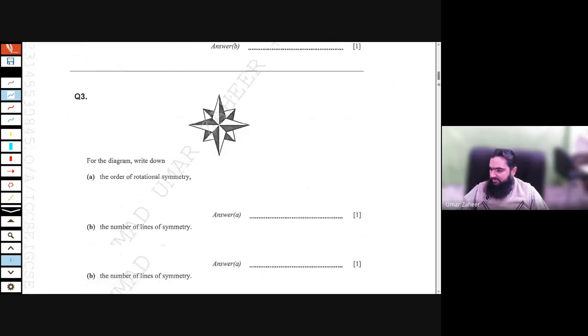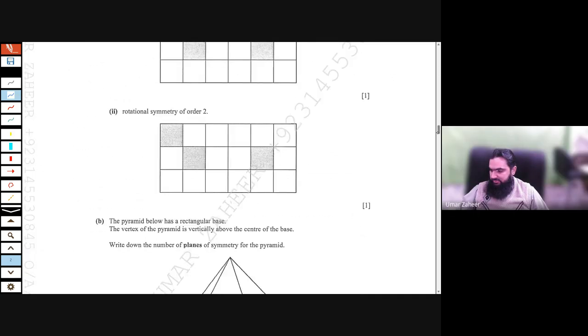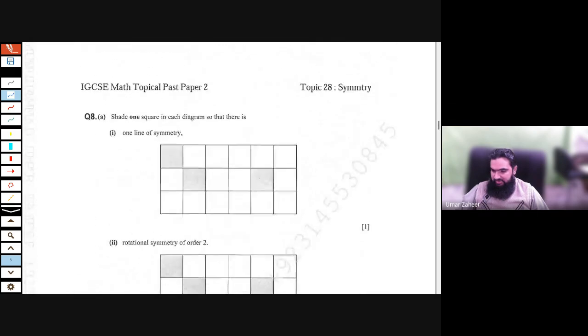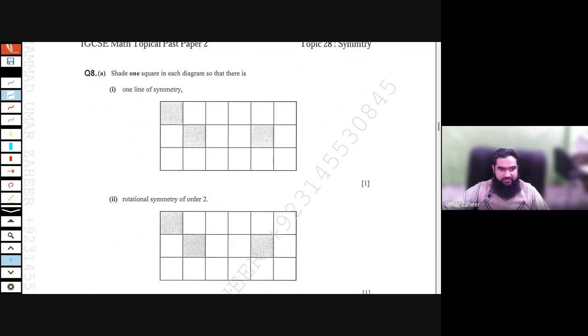We have done the first few questions, so we have to start from one of the later ones. Let's start from here, question number 8. We have one square shaded in each. You are getting one line of symmetry. The top right corner.